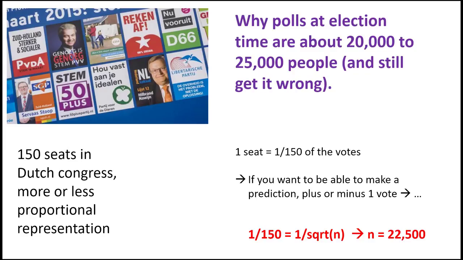So you will get somebody in the studio there who will claim we are doing this exactly right. We are close enough, plus or minus 1 seat for each and every party. And this is why we have polled 22,500 people who voted today.